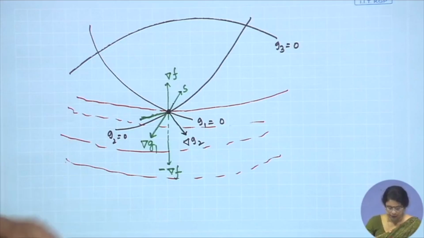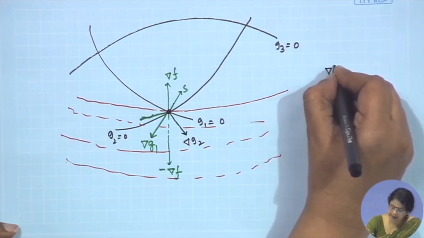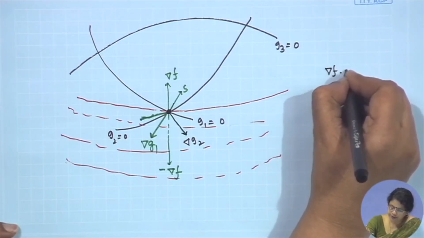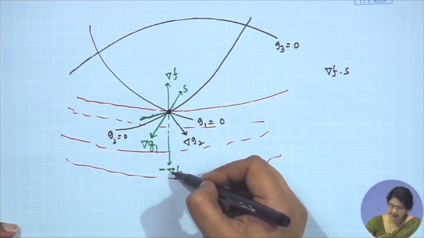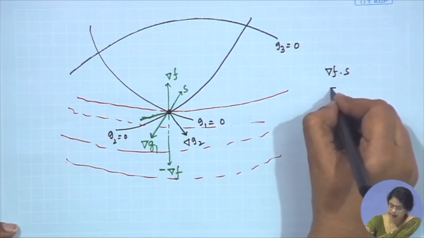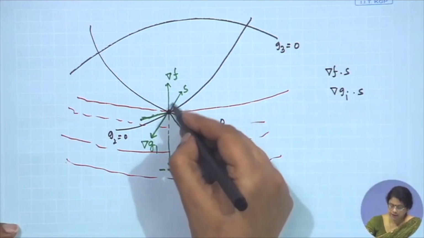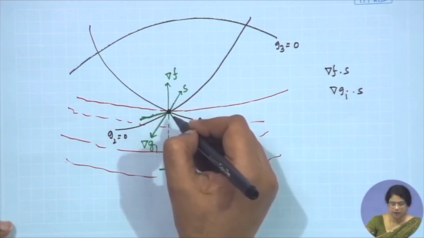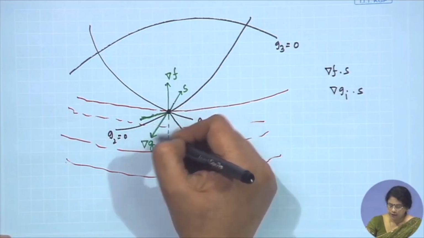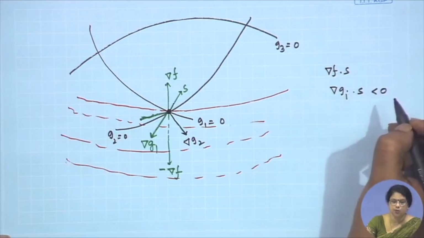That is why you had the relation grad f dot S, minus grad f, and grad G i dot S. S is the feasible direction if this is less than 0.